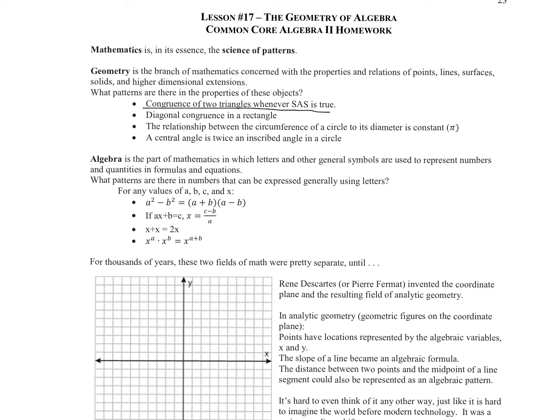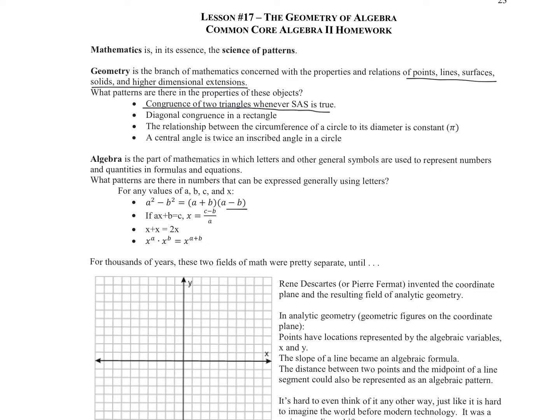In algebra, whereas geometry is mostly concerned with points, lines, surfaces, solids, and higher dimensional extensions, algebra is the part of mathematics in which letters and other general symbols are used to represent numbers and quantities and formulas and equations. So in algebra, we use things like x to represent any number, and we say, well, how does it always work?